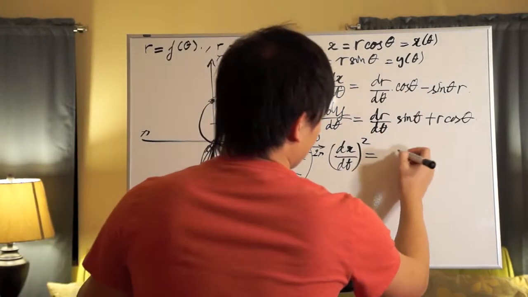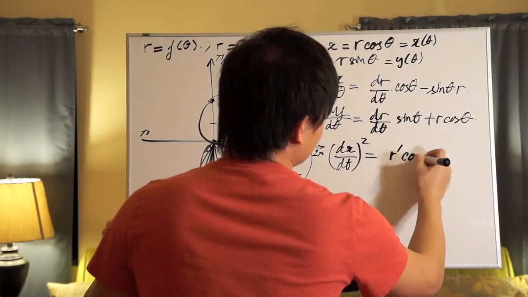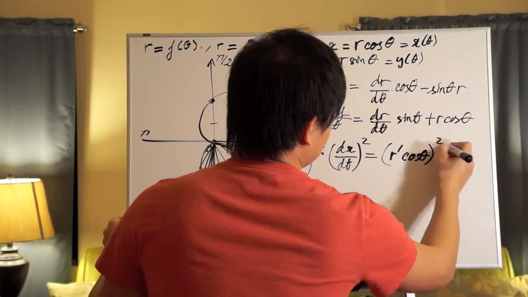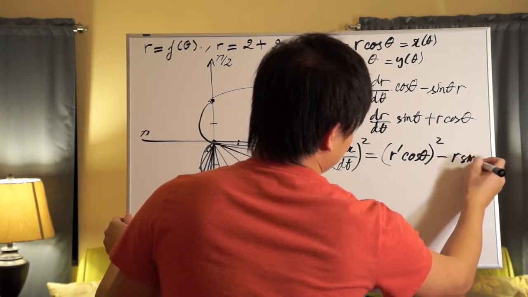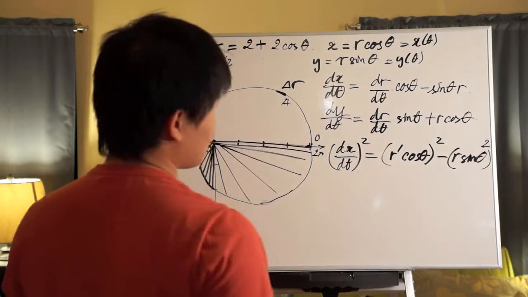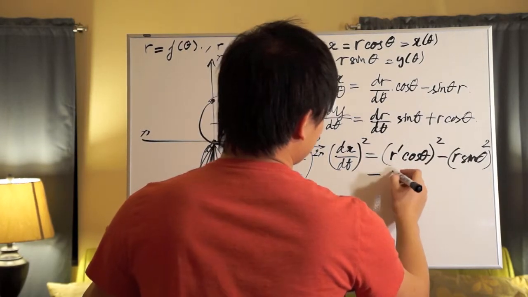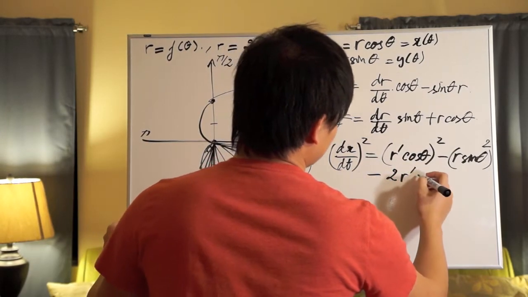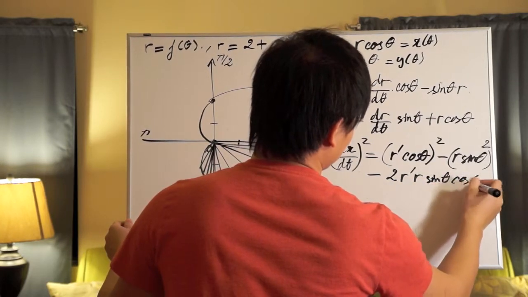That will be r prime squared cosine squared, plus r squared sine squared, minus 2 r prime r sine theta cosine theta.